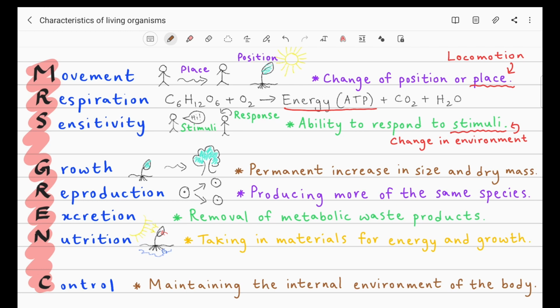So it's a very summarized version of it. These points that I've written are to help you remember what each of them are. When you're defining it, it has to be in complete sentences, right? So I will include the definitions of each of these as well.